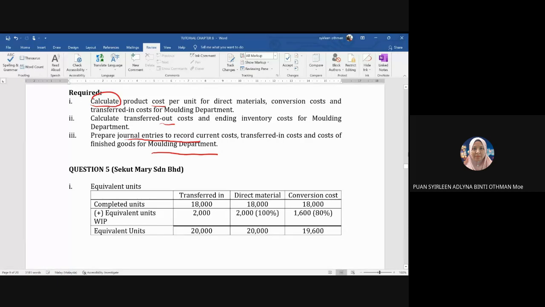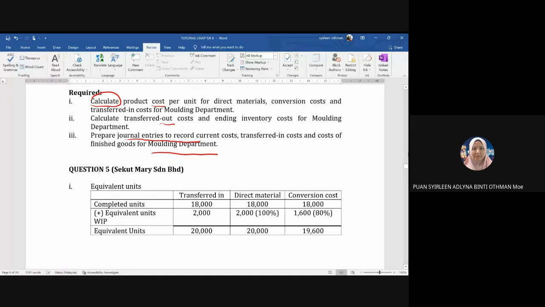Transfer in, unit transferred in is 16,000. Okay, kita plus equivalent unit 2,000. Direct material tadi 100%. Conversion cost is 80%. Betul kan Madam buat ni? 1,600, 1,600. Am I using the same question? Yes, betul lah. Okay.